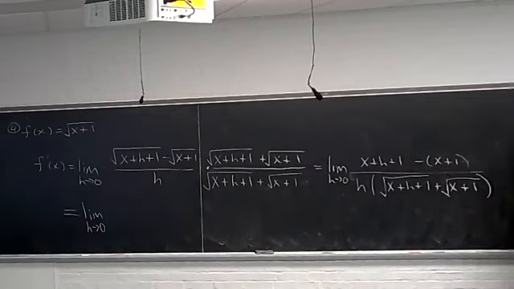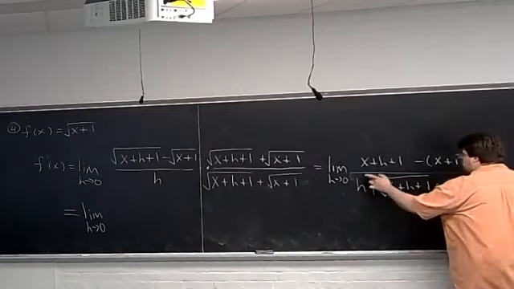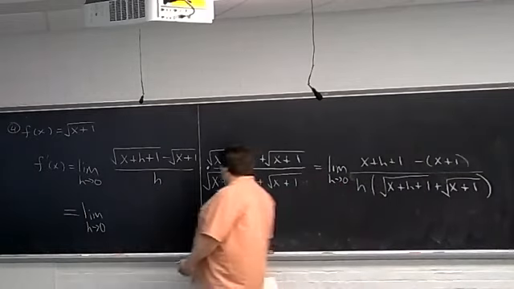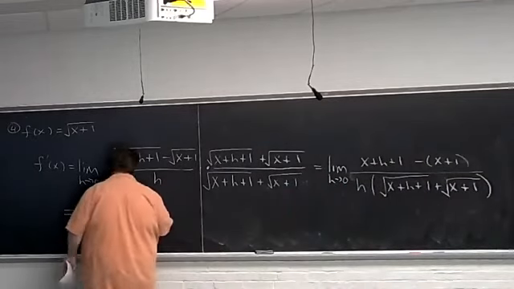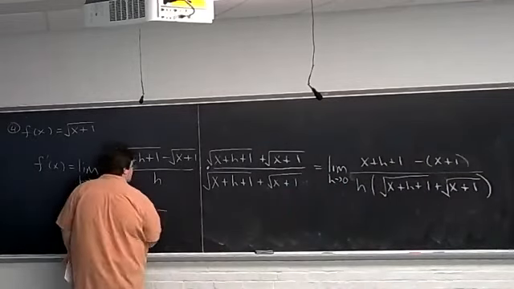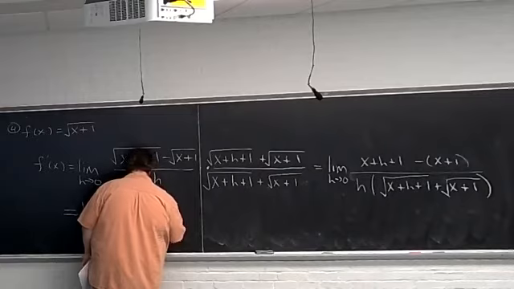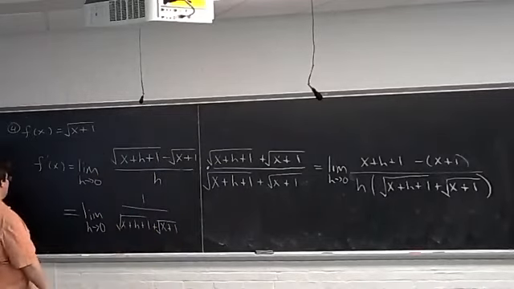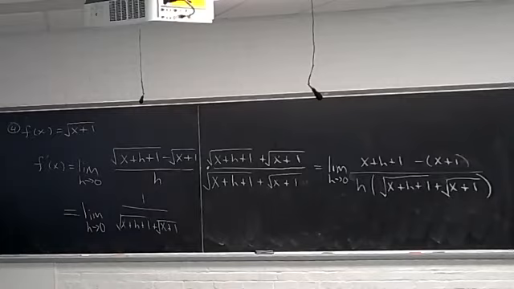They add to 0. So we just have h over h times this quantity. The h remaining in the numerator cancels with the h in the denominator, and we're left with that.